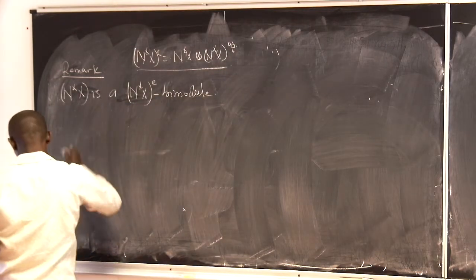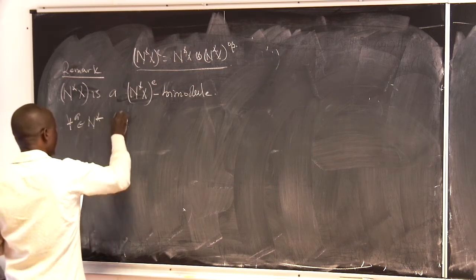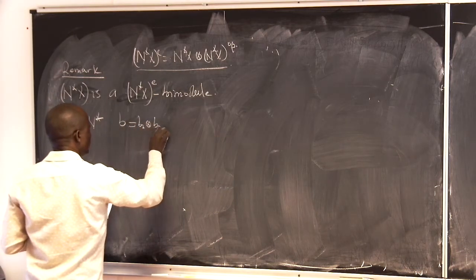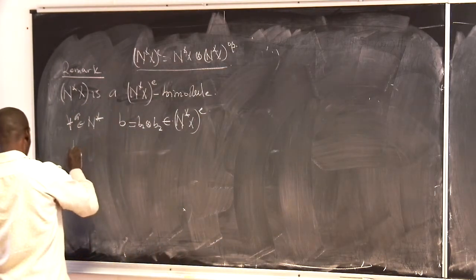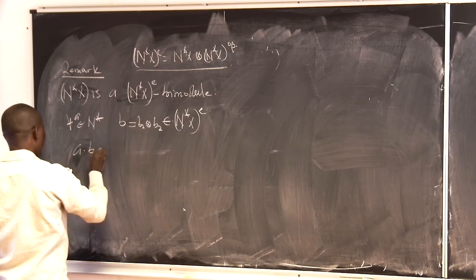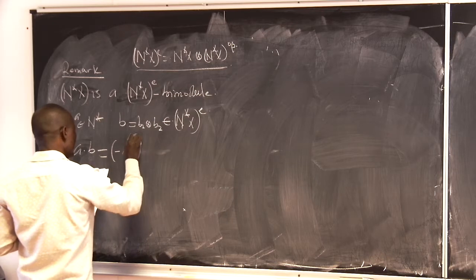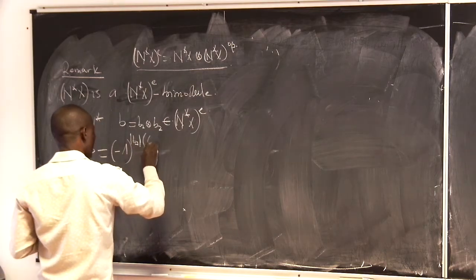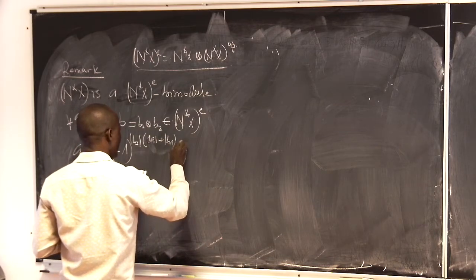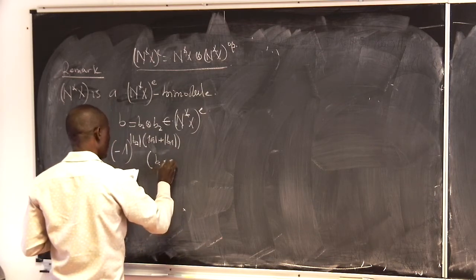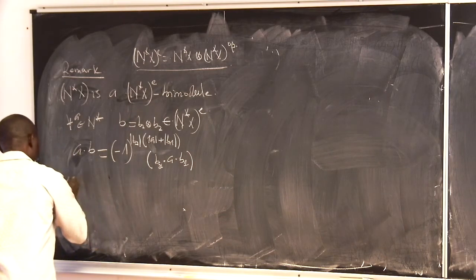The actions are given as follows: for all A in Nx, the normalized singular quotient, B equal to B1 tensor B2 in the enveloping algebra, A dot B is just negative 1 to the degree of B2 times degree of A plus degree of B1, B2 dot A dot B1, and this is the right action.